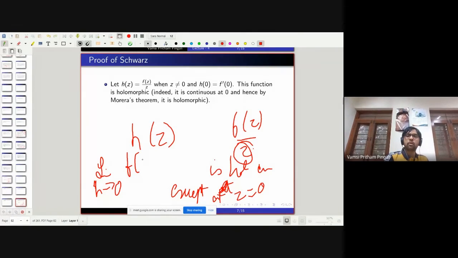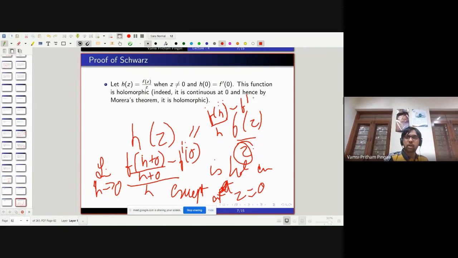So this is f of 0 plus h, by 0 plus h, minus f prime 0, divided by h, right? So this is f of h by h minus f prime 0 times h divided by h squared, limit as h approaches 0. Why does this limit exist?